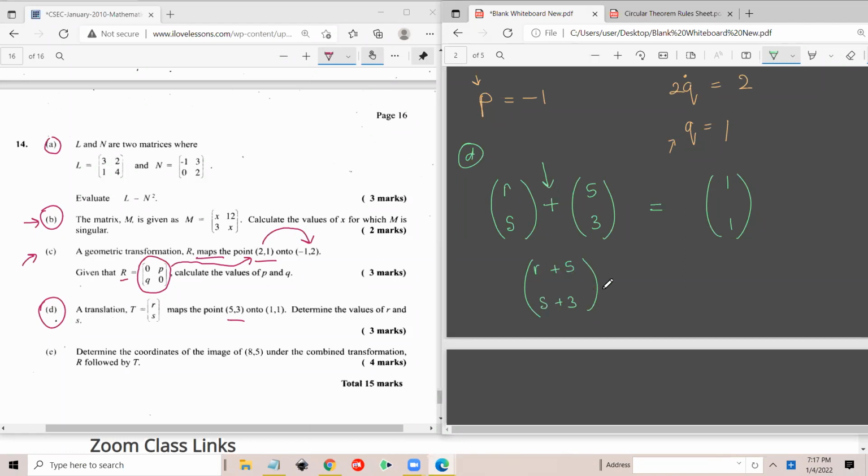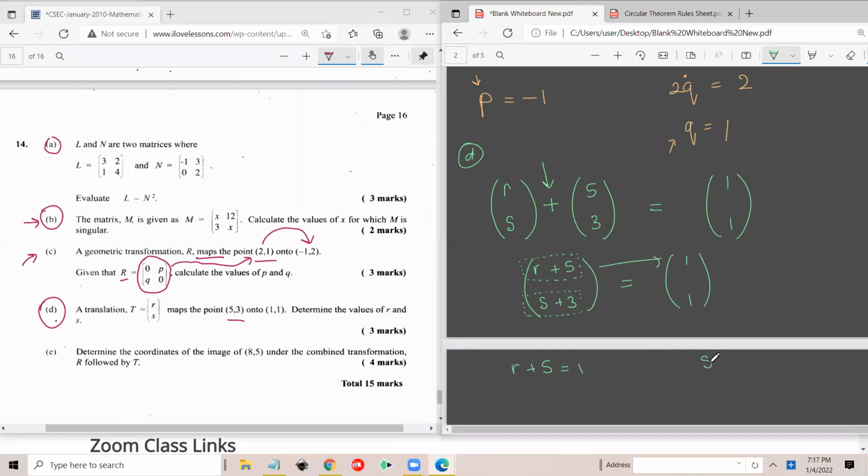Now we can't simplify this because we can't add R and 5. So at the end of the day, this is one number here. It's just we can't simplify it to the one number. And this is also one number. So that means R plus 5 is equal to 1.